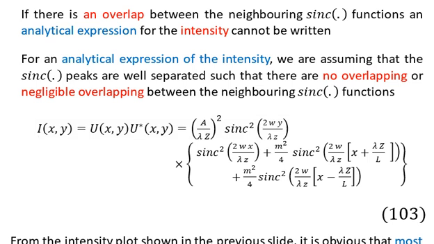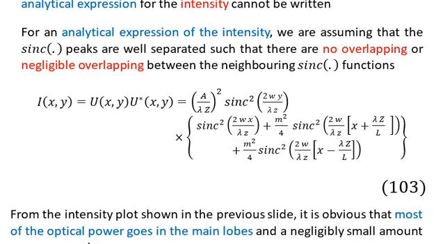For an analytical expression of the intensity, we are assuming that the sinc peaks are well separated such that there is no overlapping or negligible overlapping between the neighboring sinc functions. So with this assumption, we can multiply u with its complex conjugate to write down the intensity expression, which is given on the right hand side as equation number 103. So you see that we have three sinc functions.